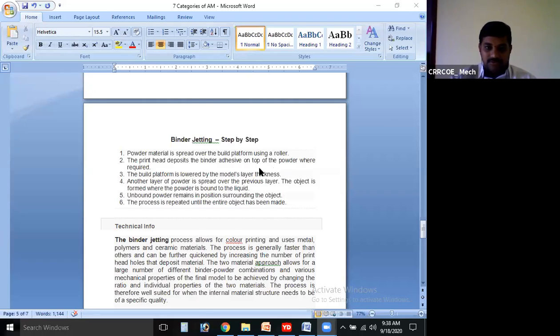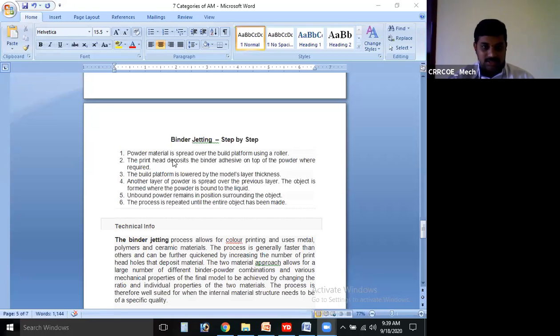Between layer and layer, that means after the first layer is completed, the binder will be supplied and fed, and then it acts as the adhesive. The build platform is lowered by the model layer thickness.